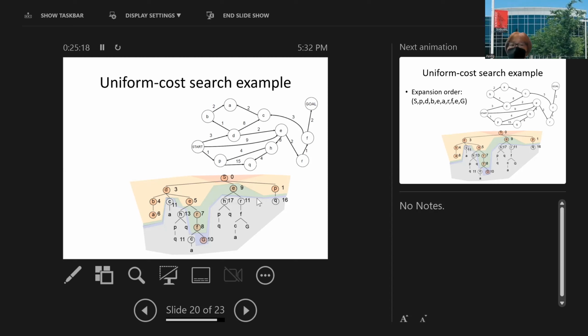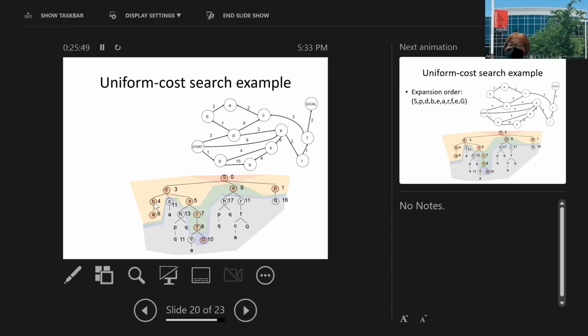So who will be the front? Who is the first node in this queue right now? B, C, E, Q. Yeah, it's going to be B because B has the lowest cost. Who is next?